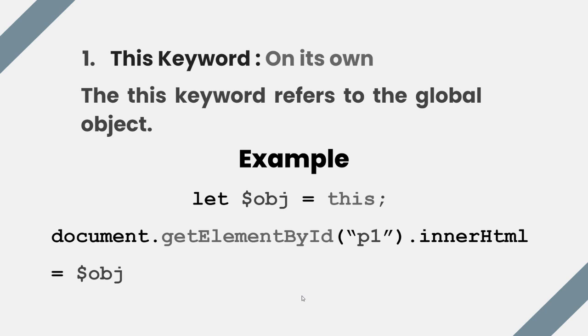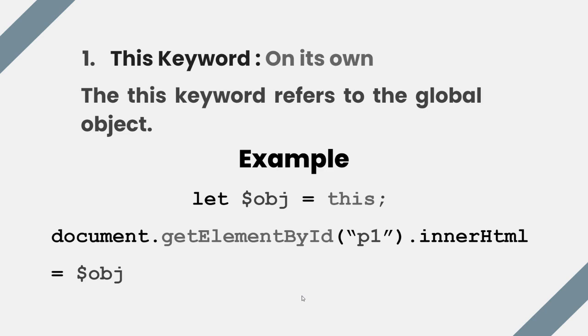The global object here represents your browser window. That's the entire screen of the browser. So the this keyword existing on its own would refer to the global object.